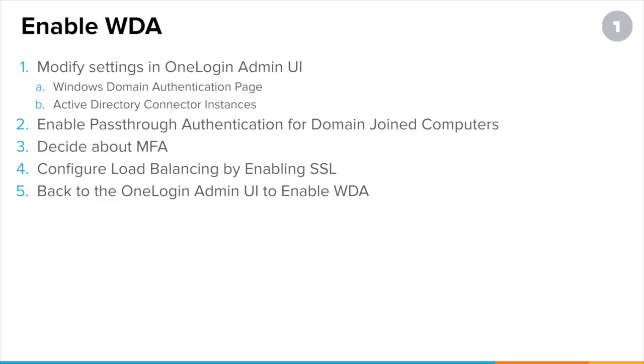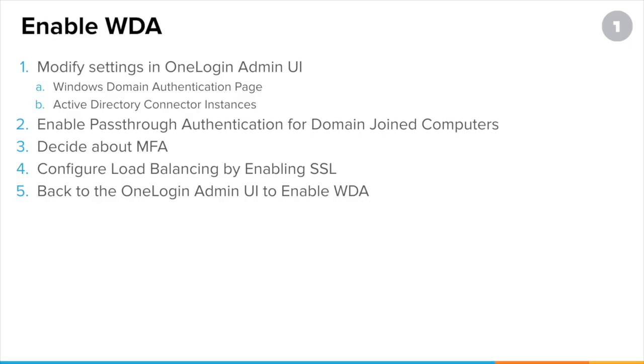Third, if you want to still have users provide an additional authentication factor, you will need to make sure that their security policy that requires that additional authentication factor, i.e. MFA, is checked. Next, you need to go through a few steps to actually configure SSL. It's more than just specifying that port 443.